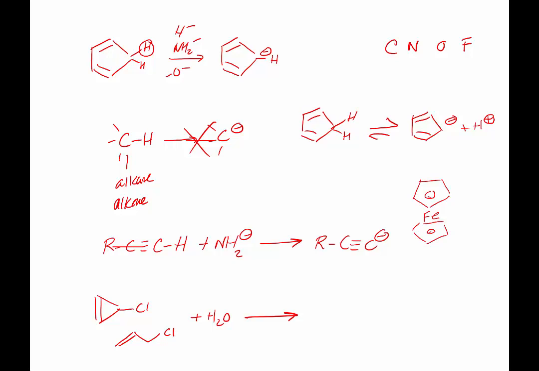Top one? We all agreed it's the top one? Why? Because what kind of mechanism is this? SN1, so I'm going to form 2 carbocations. That one versus that one.